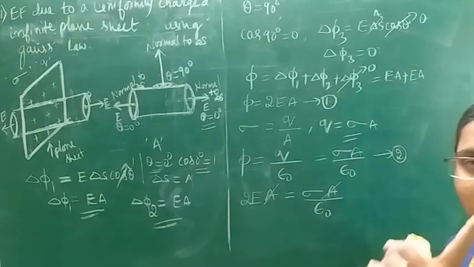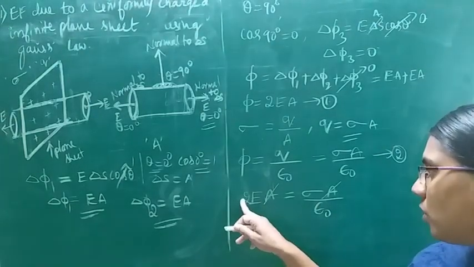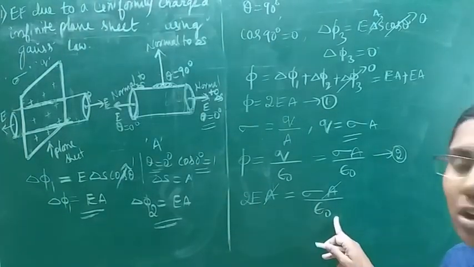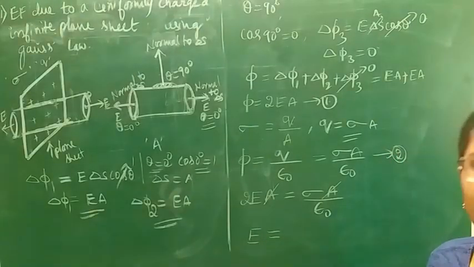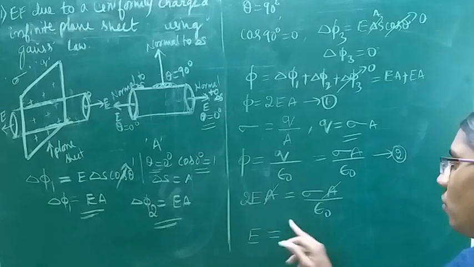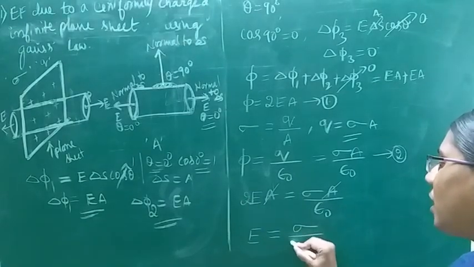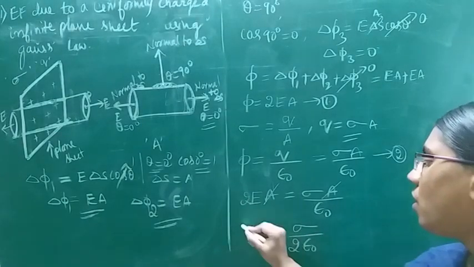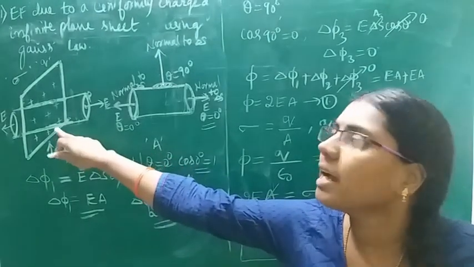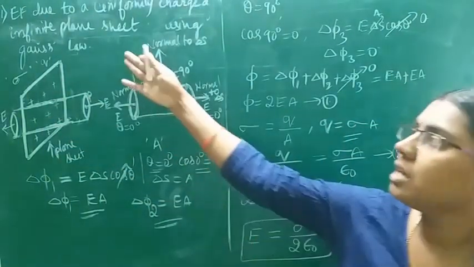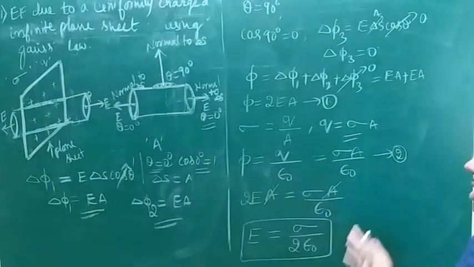Actually, we need to find the electric field. Now take 2 to this side, it comes to the denominator. So the electric field due to an infinite plane sheet is given by E is equal to sigma divided by 2 epsilon naught. This is the electric field due to an infinite plane sheet by using Gauss law. Here we are applying Gauss law.